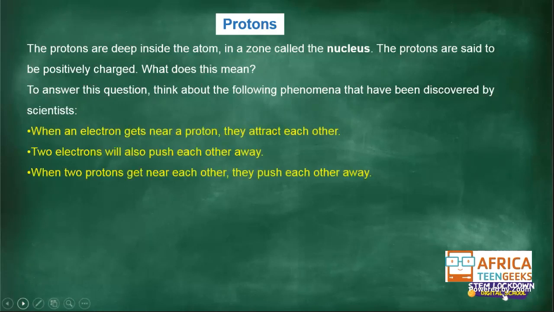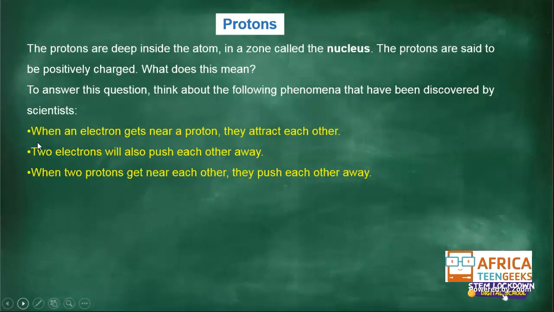They observed that when an electron gets near a proton, they attract each other. And when two electrons get close to each other, they push away from each other. So when two protons get near each other, they also push away from each other.